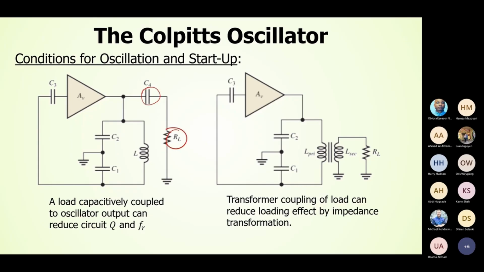You put in a capacitive coupling, and this capacitive coupling can reduce the circuit Q, or quality factor. Some people also come up with the idea of using transformer coupling to reduce the effect of impedance by using impedance transformation. You can use the transformer to modify the impedance.